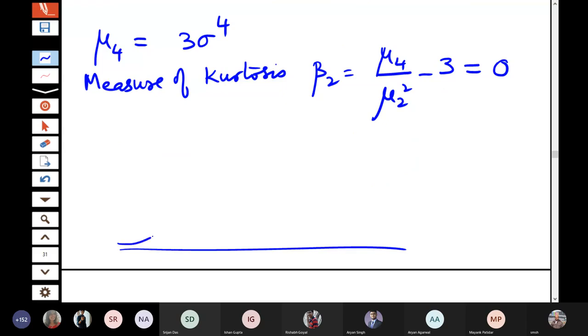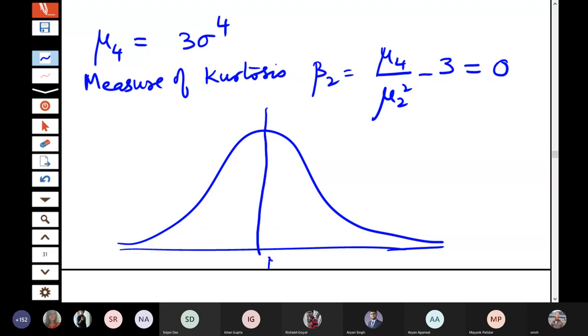From the shape of the distribution, you can also see here that mu is the median, it is also the mode. That is, the highest frequency value is also the central value.